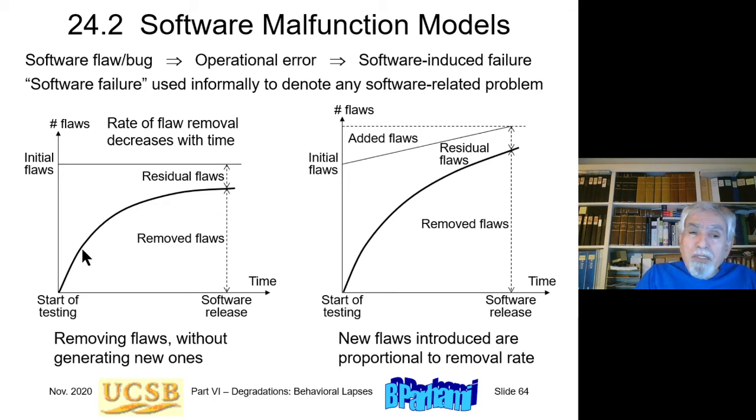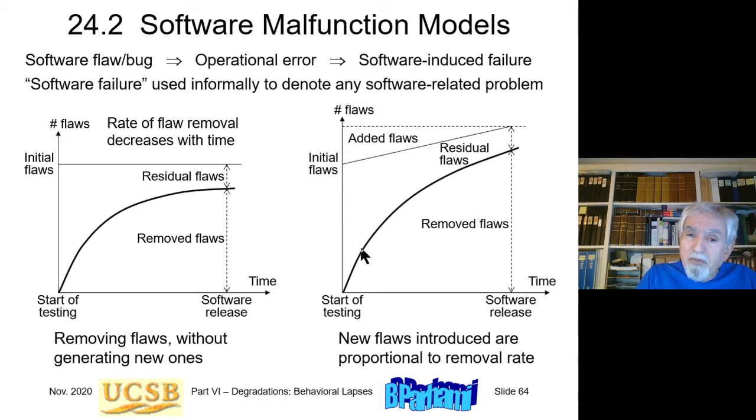Okay, so this is an optimistic model. It says that the initial flaws, whatever number they were, we remove some of them, and eventually we are left with these residual flaws. More realistic is this model, because as we remove flaws, new flaws are introduced. Any fix has some possibility of introducing new flaws in the software, so the number of flaws is basically a moving target.